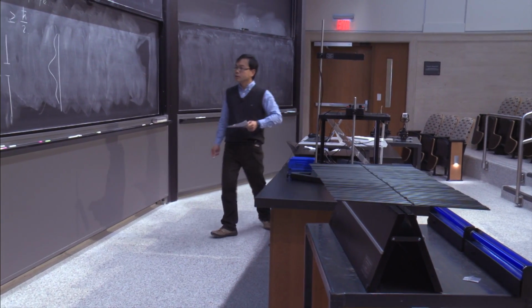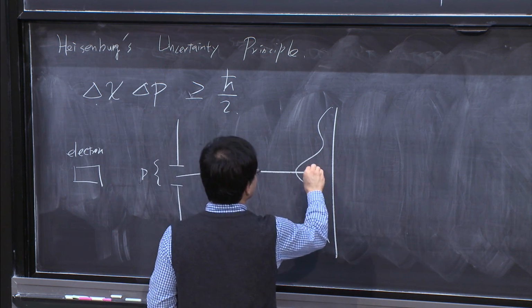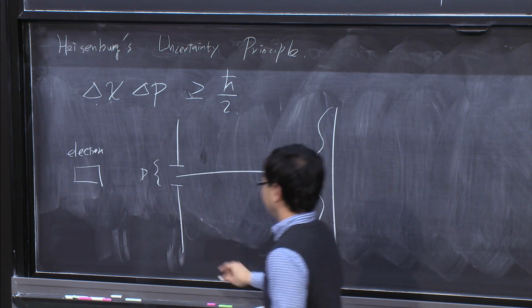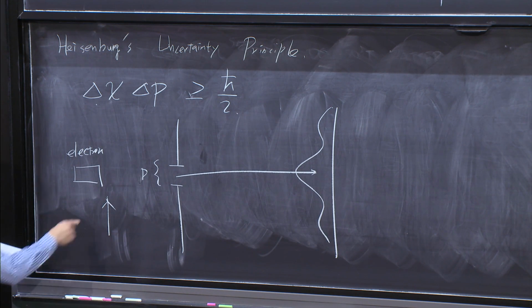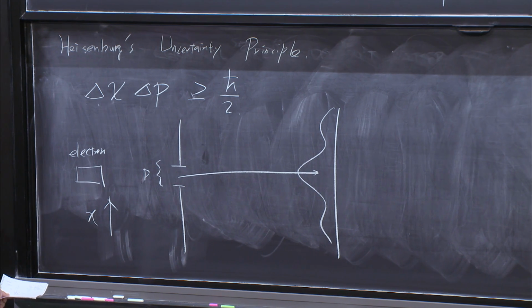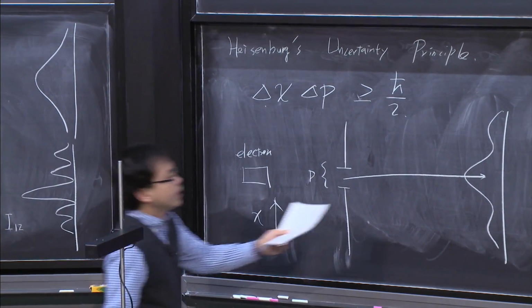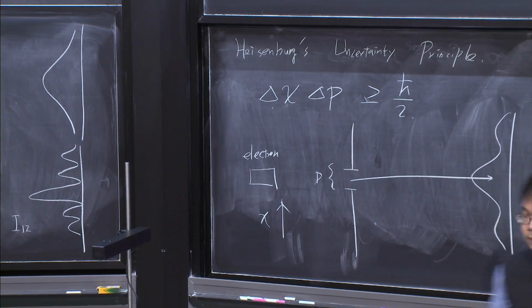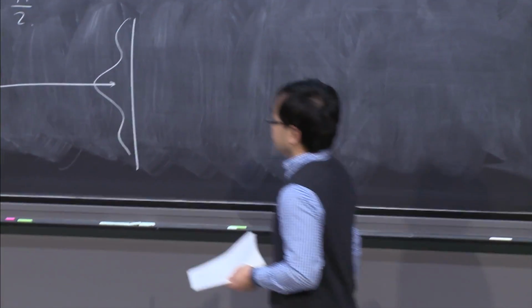Now I would like to define my coordinate system. The vertical direction pointing upward is my x direction. If I take a look at this experimental result, what it is telling us is the following.